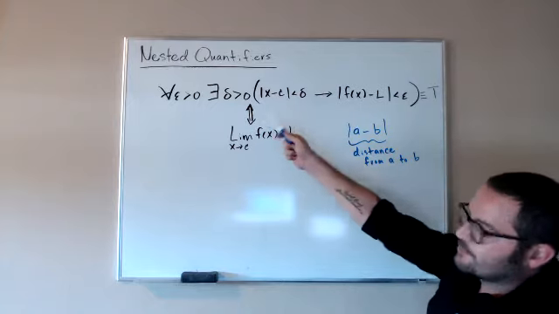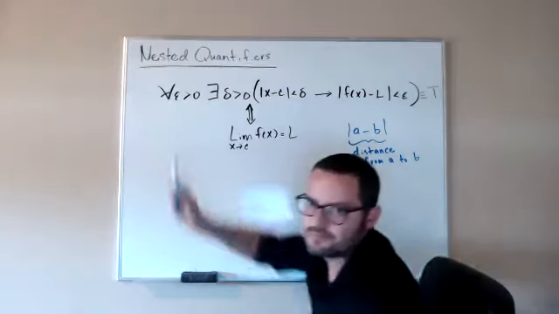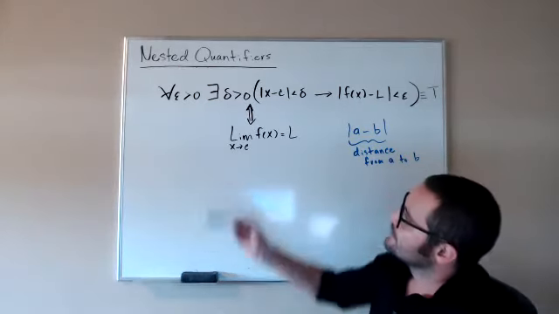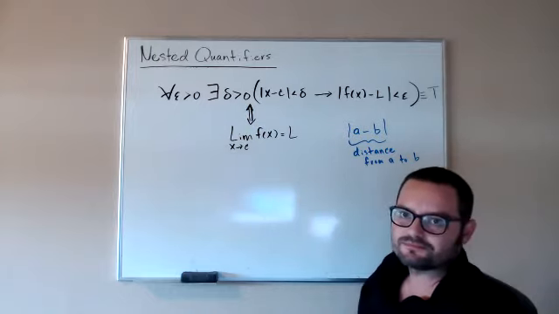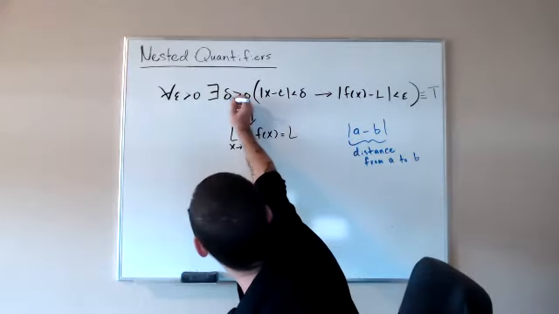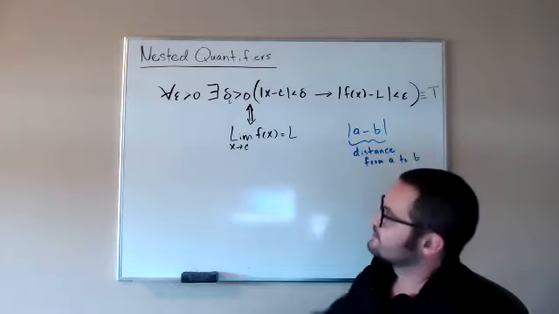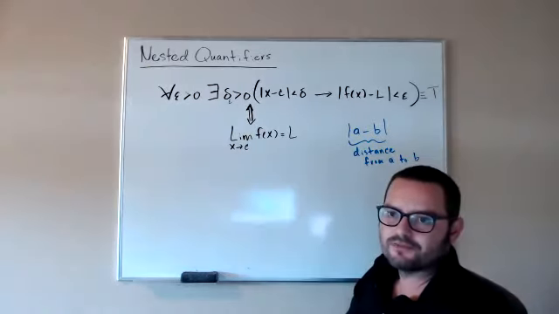So now we have to look at the quantifiers, right? For any positive epsilon, there exists an associated delta tied along with that epsilon. You can even think of that delta as having a subscript epsilon, because you pick that epsilon and then you get a delta that's associated with it.